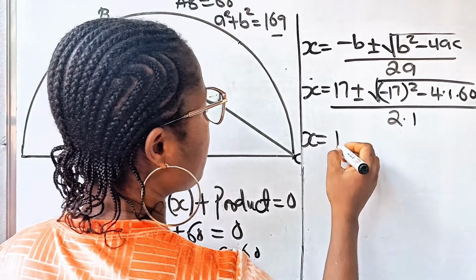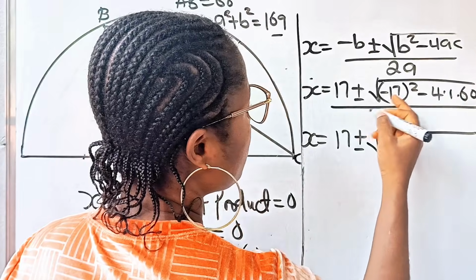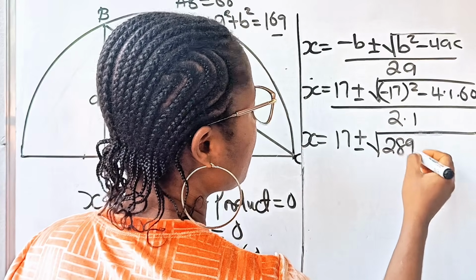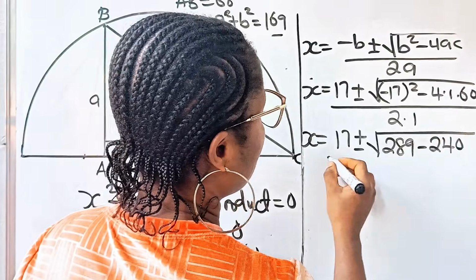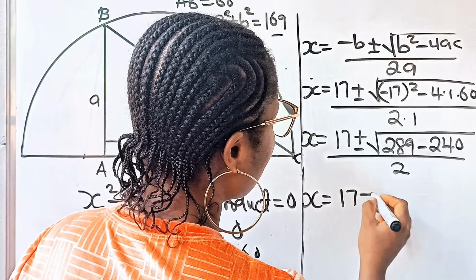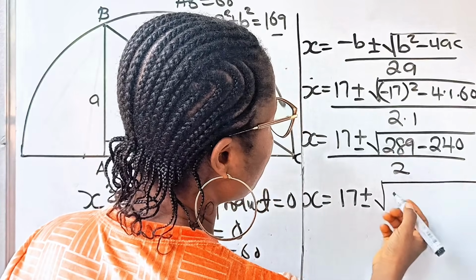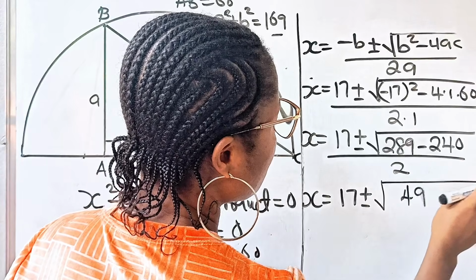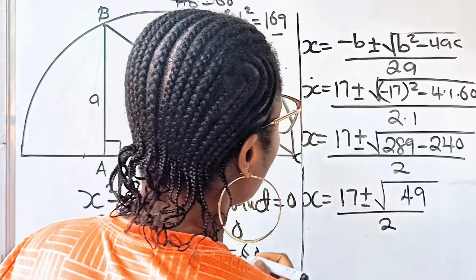So our x is 17 plus or minus square root of, this gave us 289 before, minus 240, divided by 2. So our x is 17 plus or minus the square root of, this will give us 49, right? Square root of 49 divided by 2.